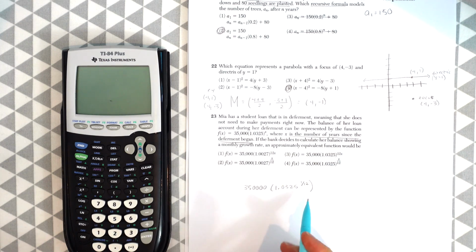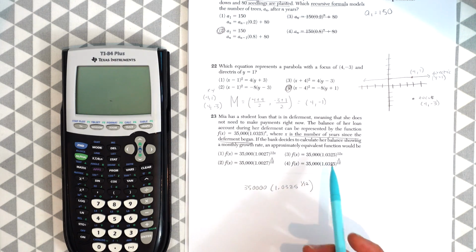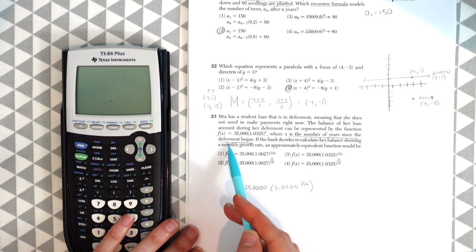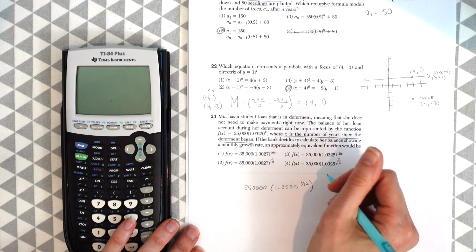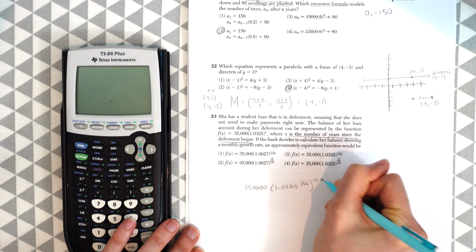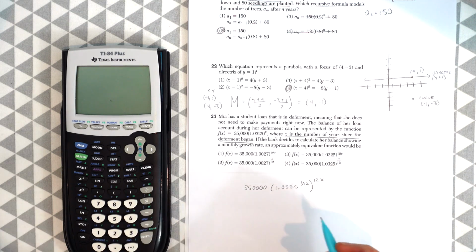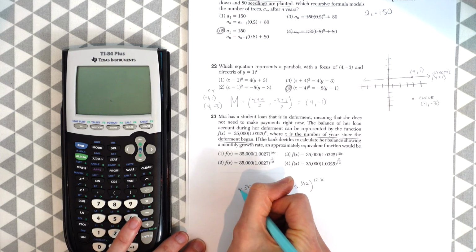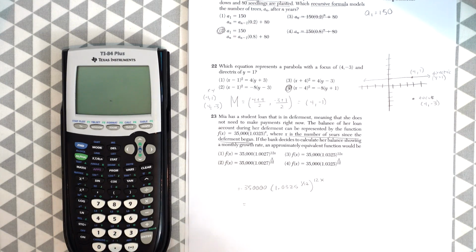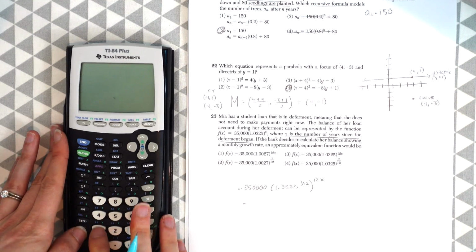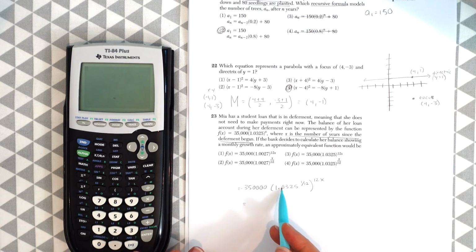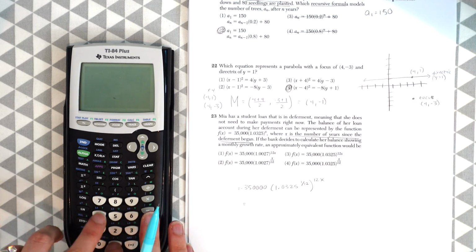But remember, we don't want to adjust our rate without adjusting the number of years since the deferment began, the exponent value. So we're going to have 12x outside. So these would kind of cancel each other out, not affecting the entire formula. So now what we're going to do is just calculate this inside the parentheses.